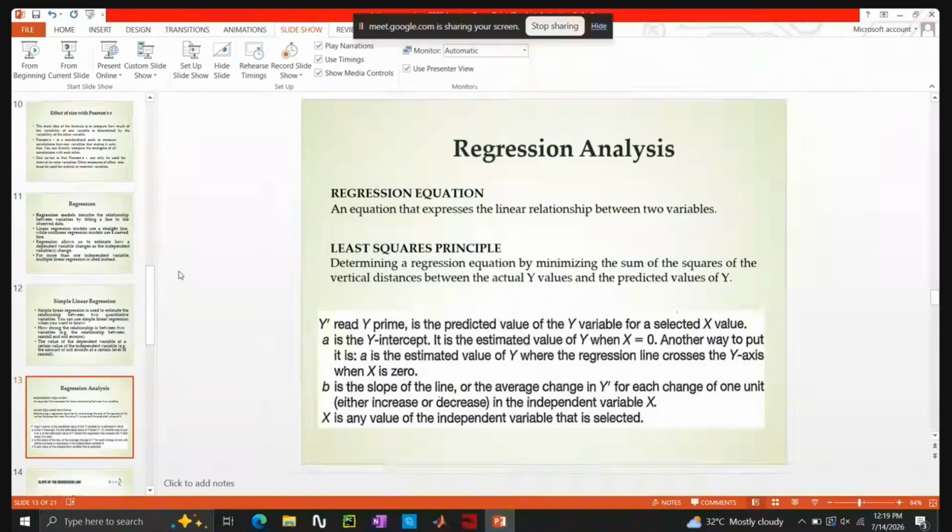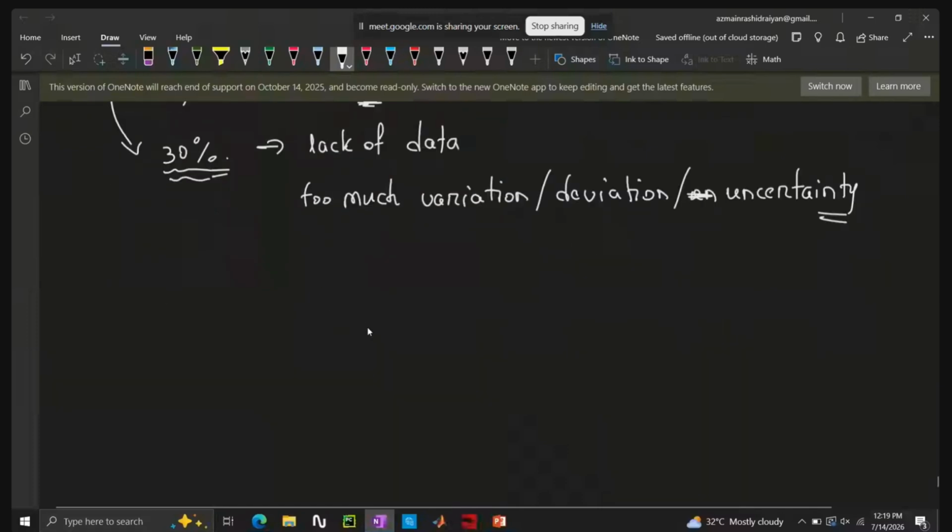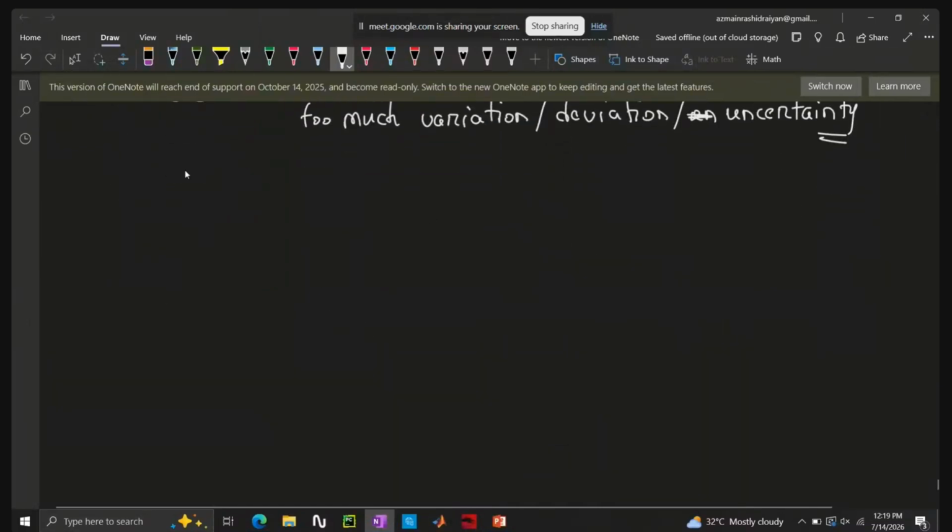All right. So when we are making a linear regression model, let's write a general form of the regression equation.